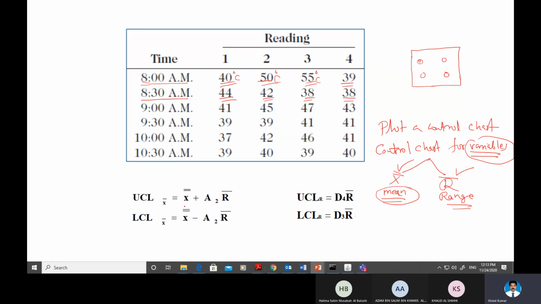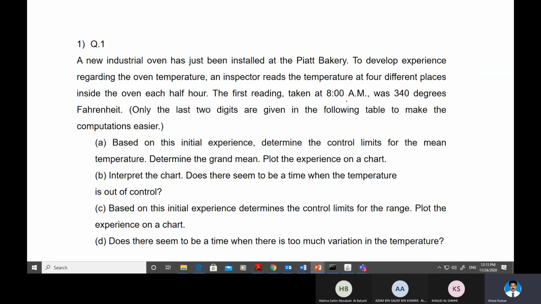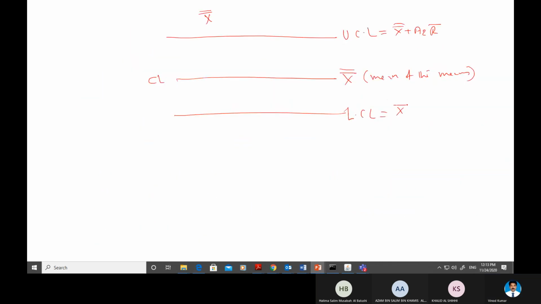The upper control limit is calculated using the equation X double bar plus A2 R bar, and the lower control limit is X double bar minus A2 R bar. A2 is a constant. X double bar is the mean, which we call the grand mean.